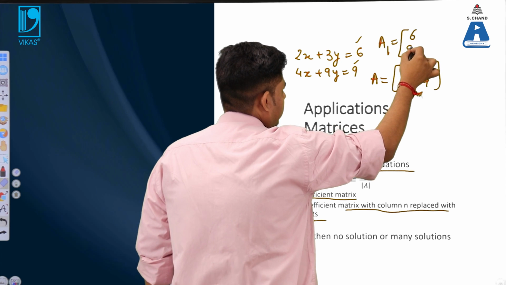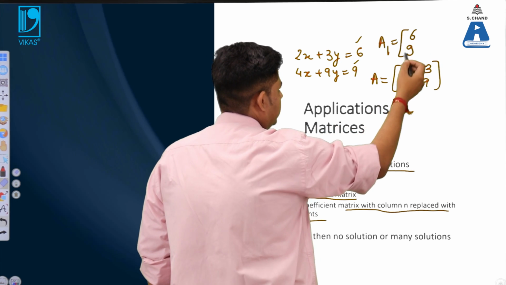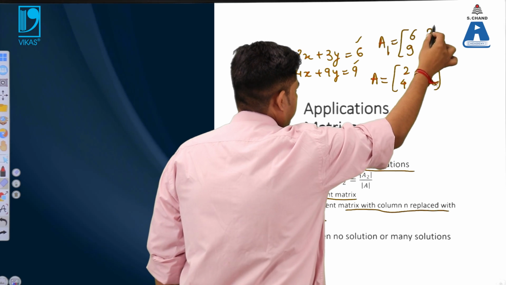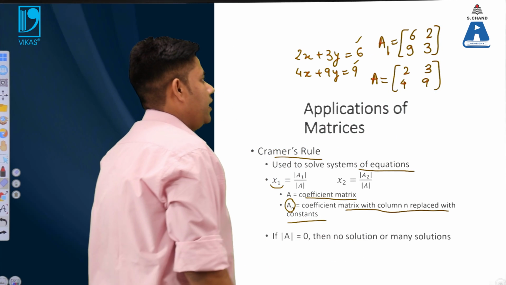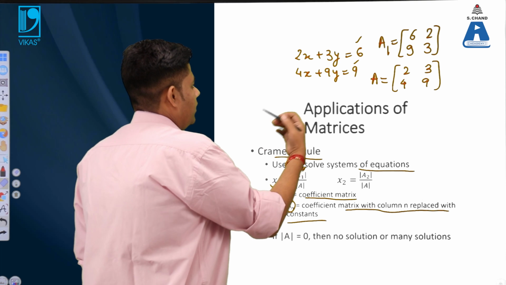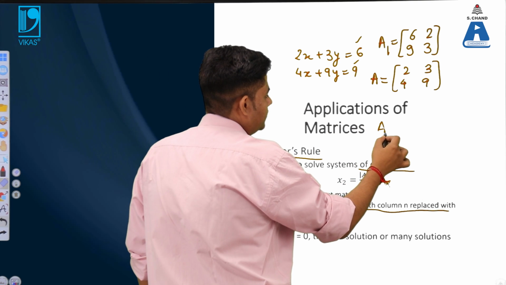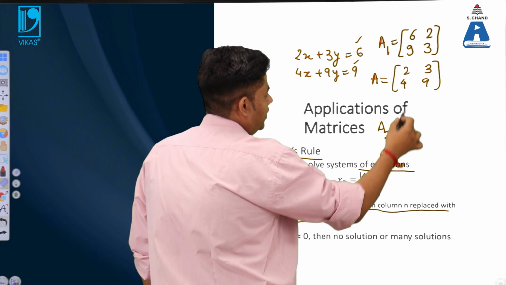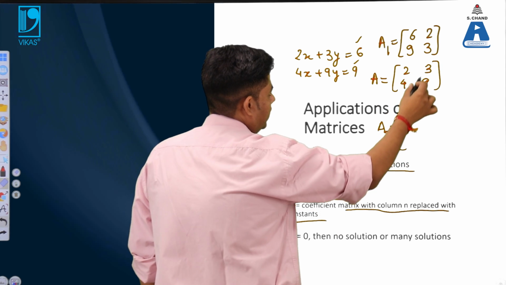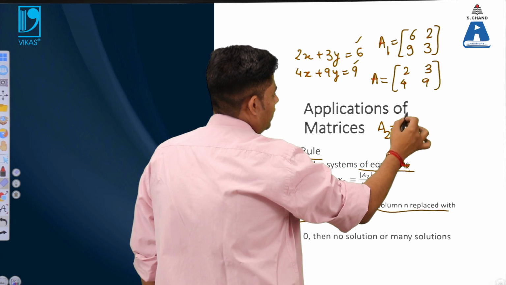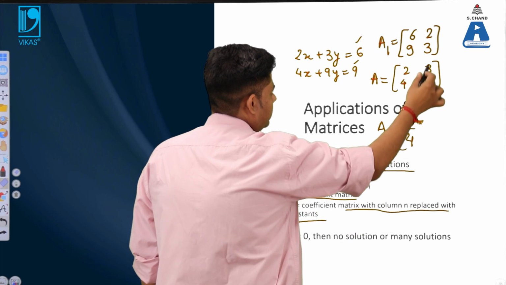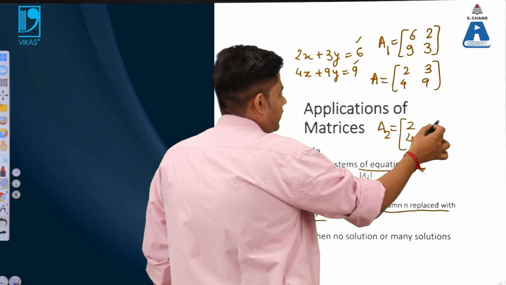That means we need to write here 6, 9 replaced by the constants 6, 9, 2 and 3. We need to write A1 here like this. And when we wish to write A2, then in this coefficient matrix we are required to change the second column. So that would be 2, 4 and 3, 9 is to be replaced with 6, 9.